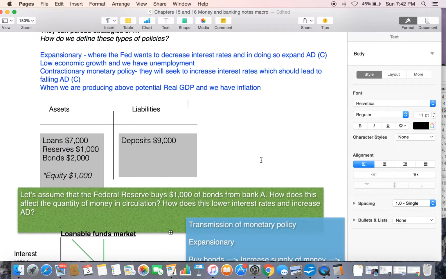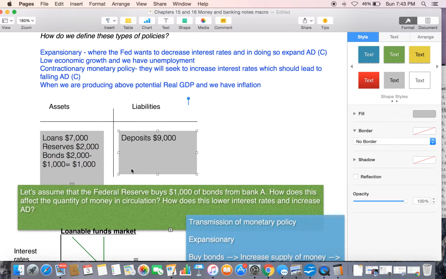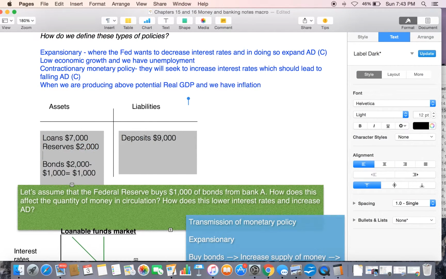So if the Fed buys $1,000 of bonds from Bank A, what happens here? The bank will sell $1,000 of their bonds. So we'll take out $1,000 of bonds, and we'll be left with $1,000 in bonds. This will increase our reserves by $1,000 to $2,000, but based on the amount of deposits we have, we actually will have $1,000 of this in excess reserves.